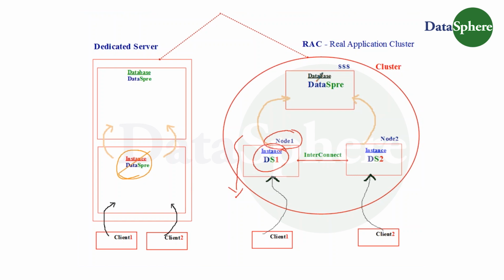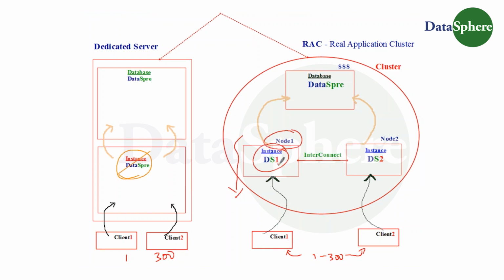Now, more than availability, which is anyway always there, what is important is also performance. Here, if you take a set of users, assume 1 to 300, they have to use the database through the same instance, meaning they are contending for the same set of resources. Whereas in a RAC environment, with the same number of users, 1 to 300, you are distributing them to two different servers, meaning that much load is reduced on each instance.